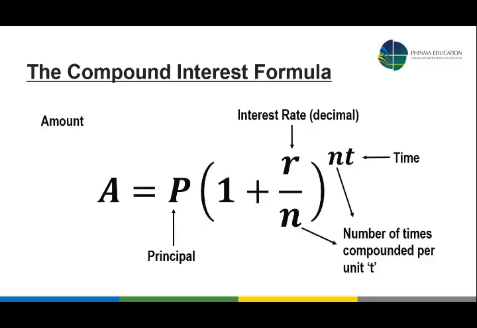The amount payable is called the future value, denoted by A. That's what we are going to compute in this lesson. Future value, denoted by A.